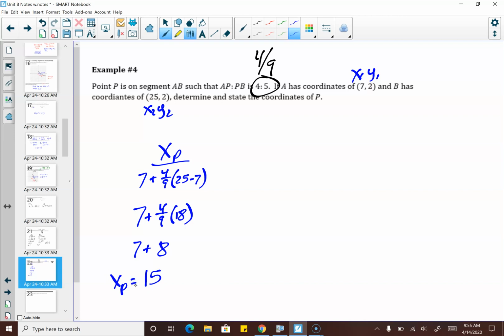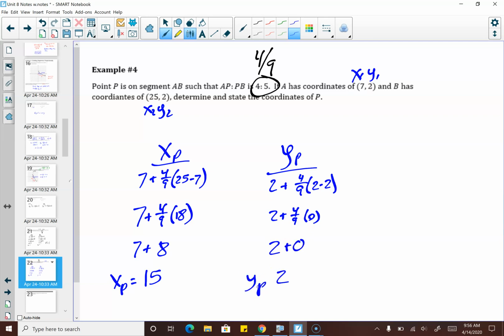So there is our x value for P. Now as we go to our y value, y1, which is 2, plus our ratio 4 over 9, times y2 minus y1, which is 2 minus 2. So interesting here, 2 minus 2 is 0. So we get 2 plus 0, which gives us 2. So our yp value is 2. So that gives us our actual P value to be (15, 2).